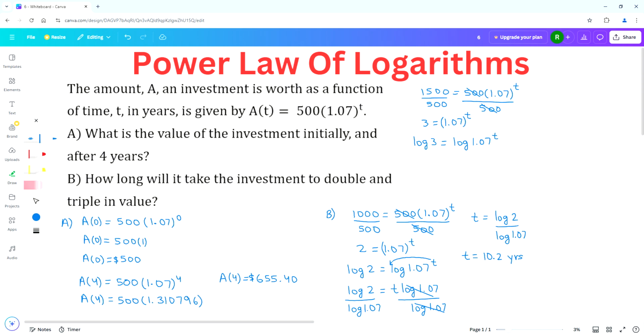Next, we should use power law of logarithms to move the exponent t to the front of the log term. Next, we should divide both sides by log 1.07.